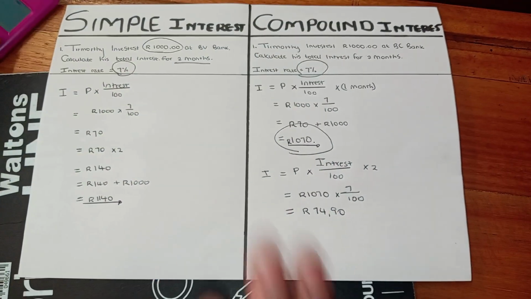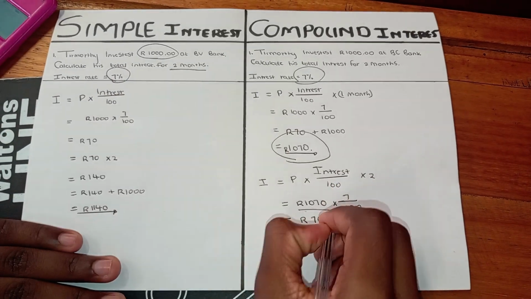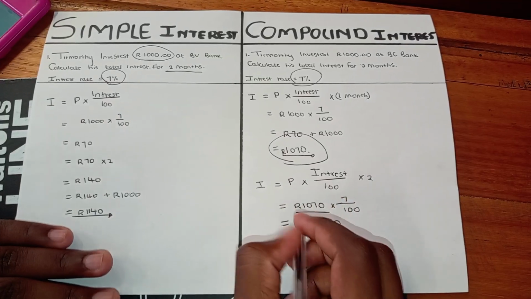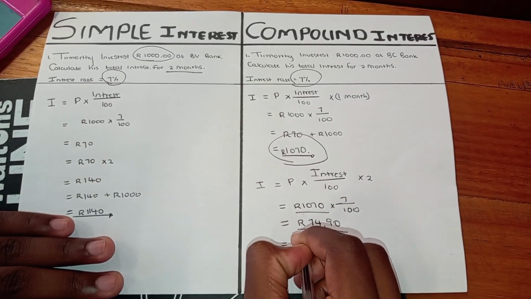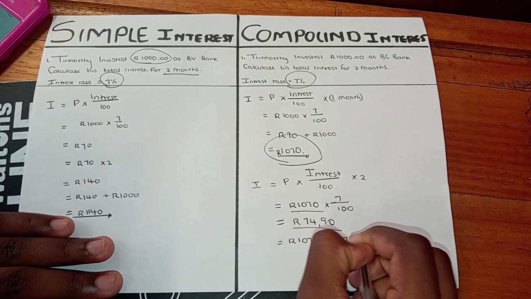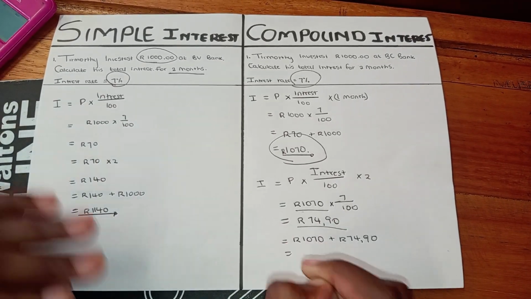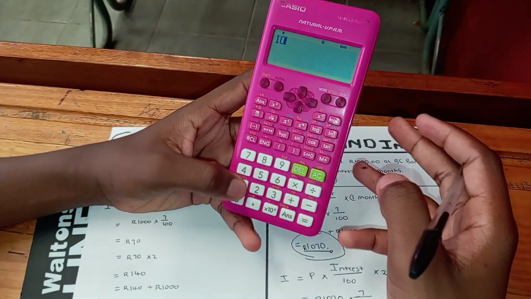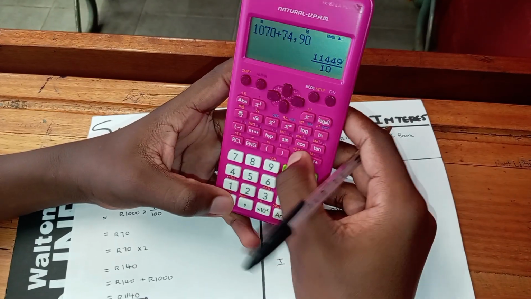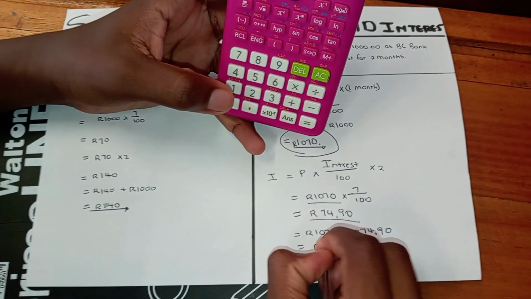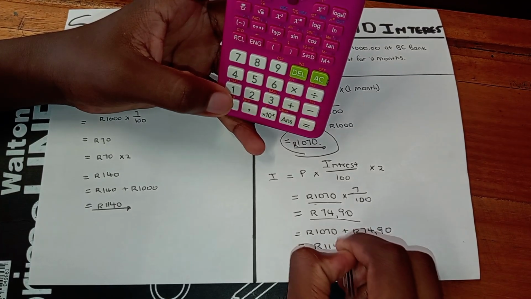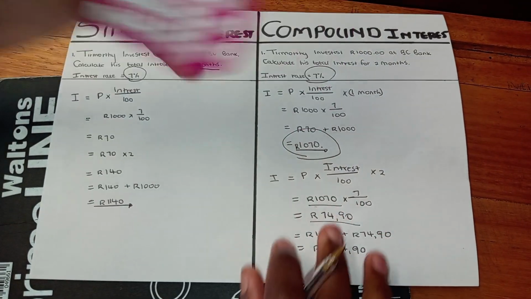To get our final answer, we add the principal amount and our new interest of 74 rands 90 cents. Therefore, 1,070 plus 74.90 is equal to 1,144.90.